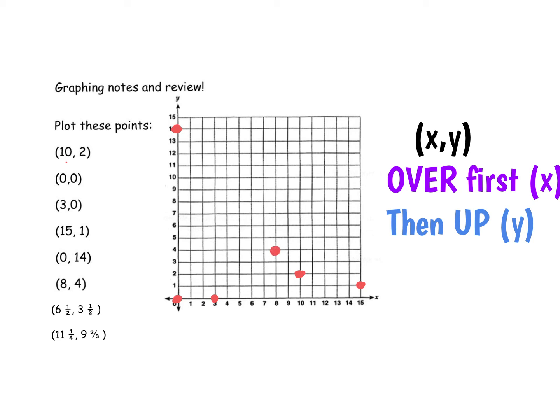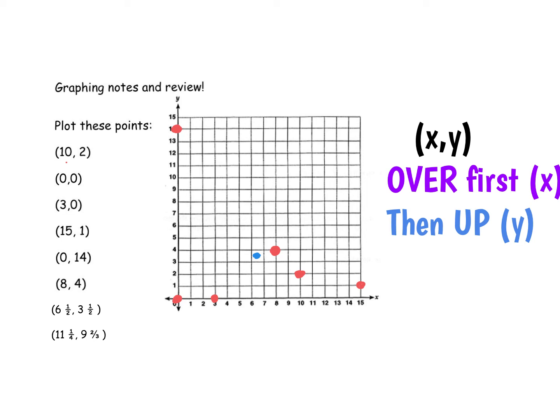6.5, 3.5 is going to be over 6.5, so about in the middle right there, and then up 3.5. So I'm going to go 1, 2, 3, and then half. My final dot would go about there. And then 11 1/4, 9 2/3.